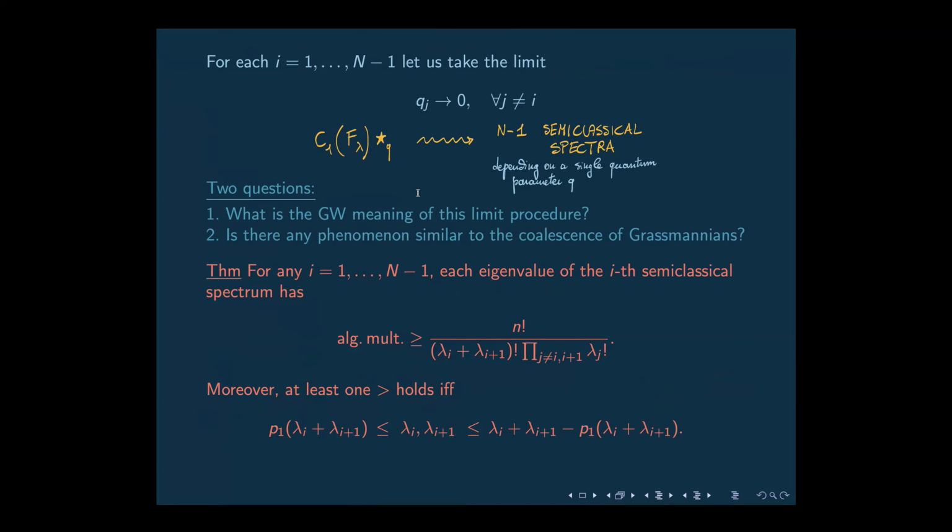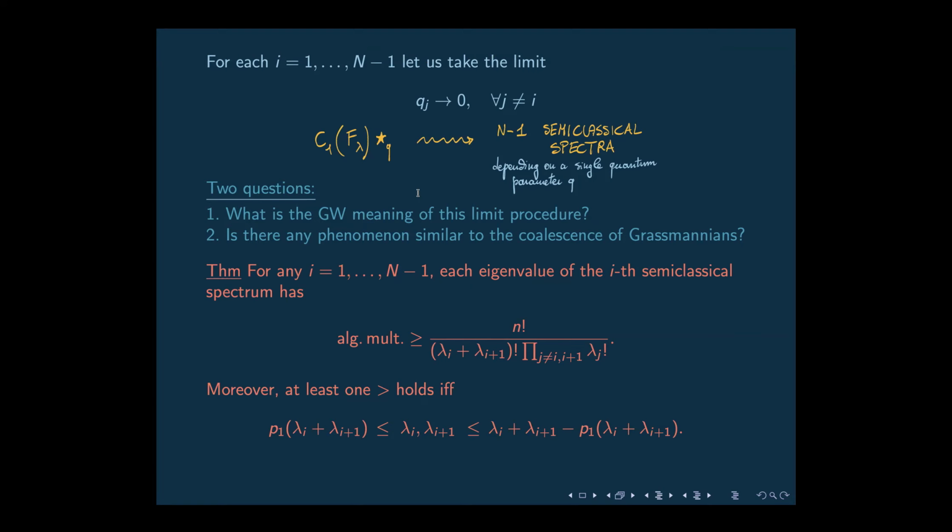All right, so let me just define what I mean by semi-classical spectrum, to formulate two questions, and then I will do a small pause. So for each i from 1 to N−1, I recall that N gives you the length of the chain of subspaces you want to parameterize.